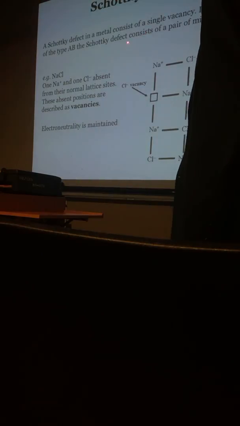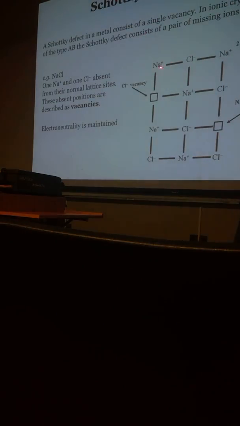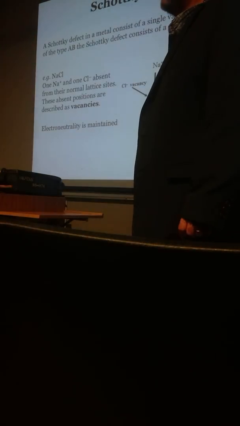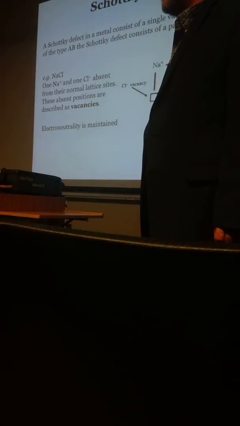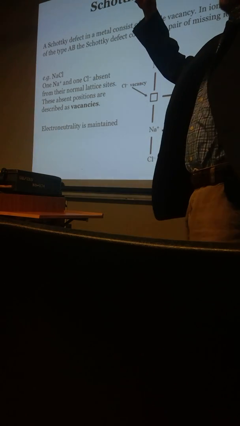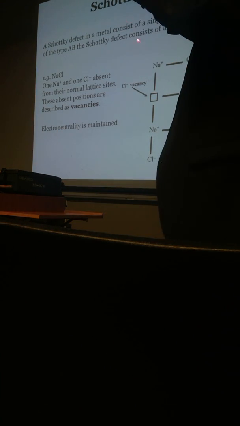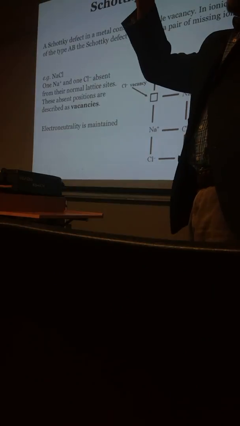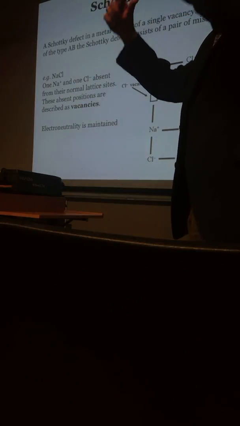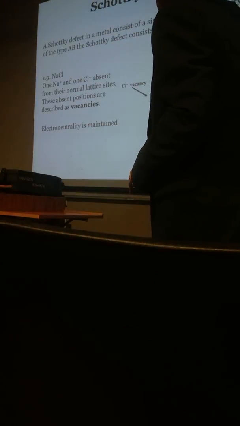All right, the Schottky defect, NaCl. So in NaCl, which one is the larger ion? Sodium or chlorine? Obviously chlorine, right? Chlorine is about 1.8 angstrom, whereas sodium is about 0.9. So chlorine is substantially larger and sodium is much smaller.